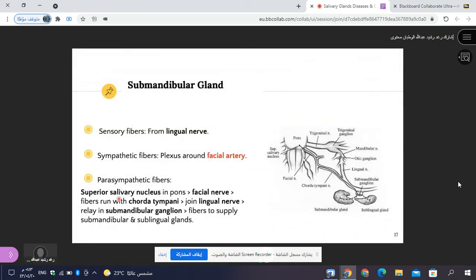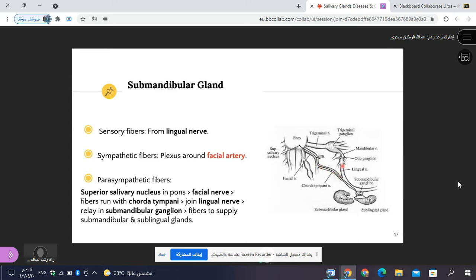What about the nerve supply? Actually the nerve supply is very easy, easier than the parotid. Sensory fibers come from the lingual nerve, which hooks around the duct itself. The sympathetic supply forms a plexus around the major blood vessels, the facial artery. The parasympathetic comes from the superior salivatory nucleus, which lies in the pons, through the facial nerve. The facial nerve gives a branch called the chorda tympani.